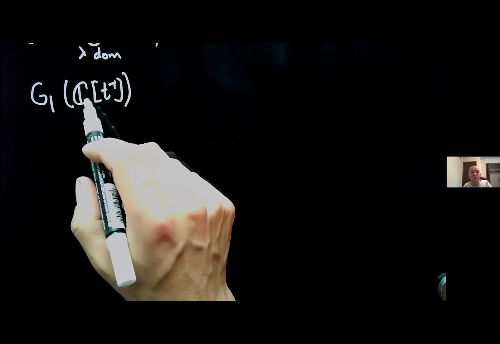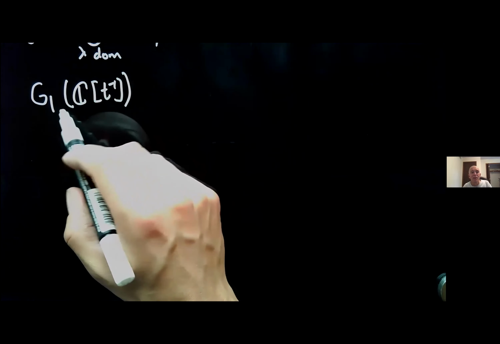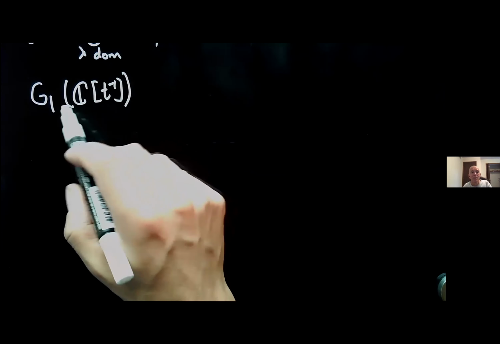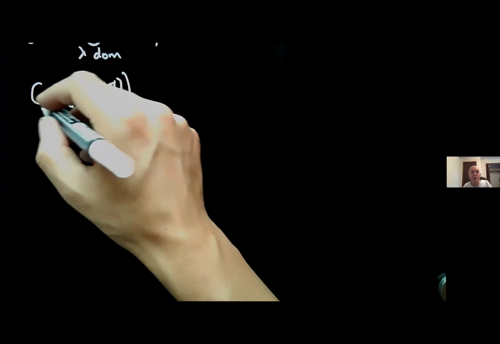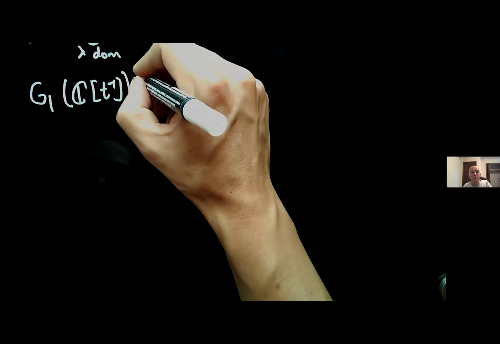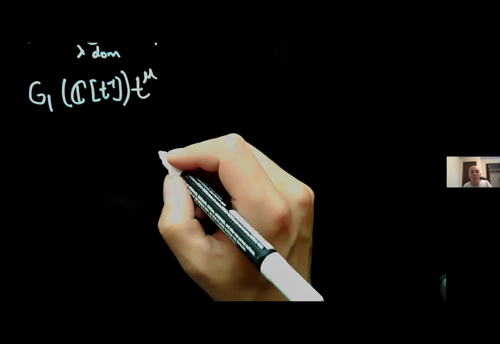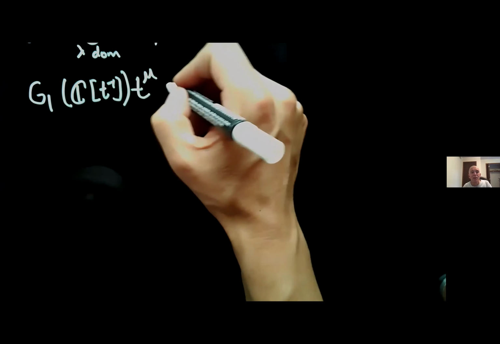And G1 refers to those things which, when we evaluate t inverse equal to 0, become the identity element in G. So I take the orbit of this group through a similar point t^mu, and that thing is denoted W mu.